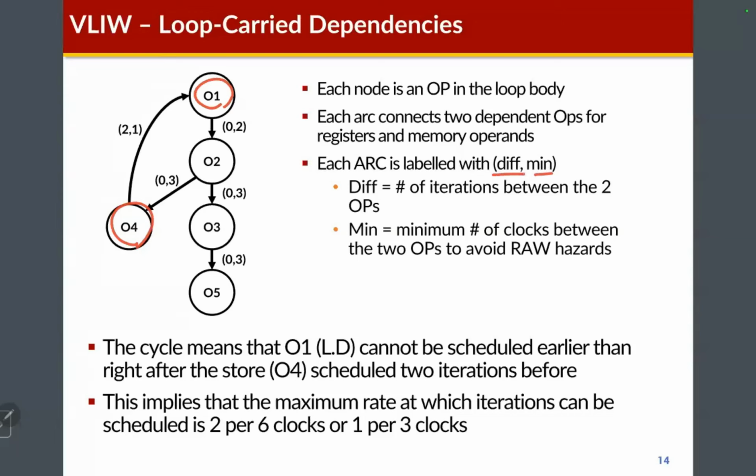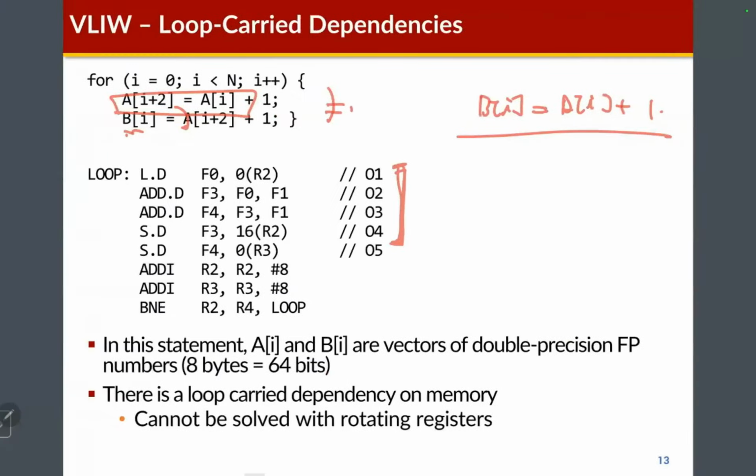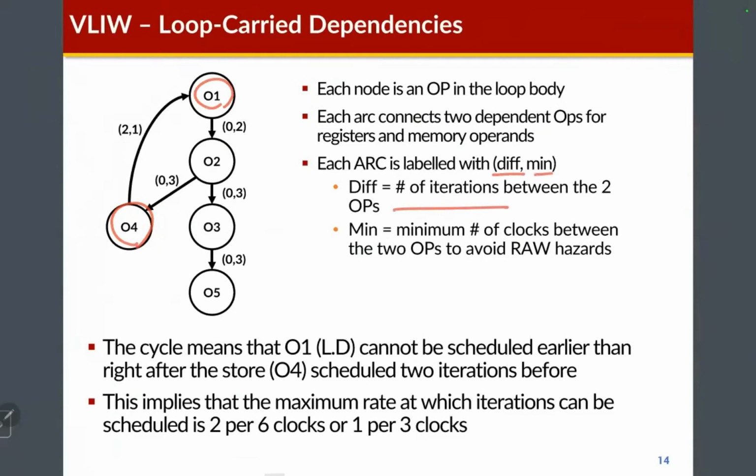The distance is the number of iterations between the two operations, which means that we can find the loop carried dependence between O1 and O4. So this is the difference in number of iterations between two operations.